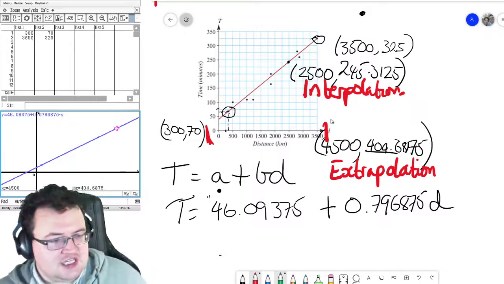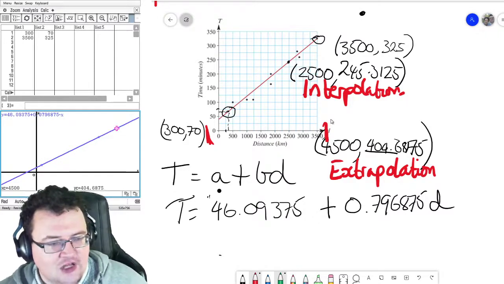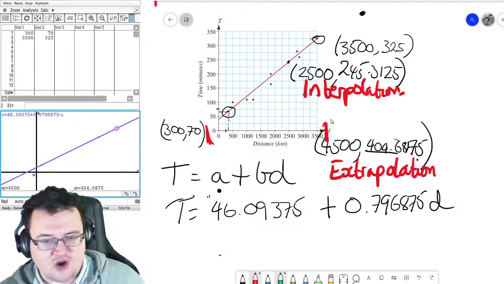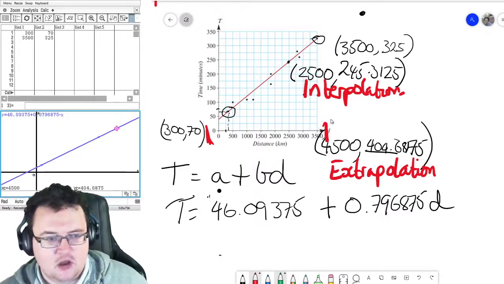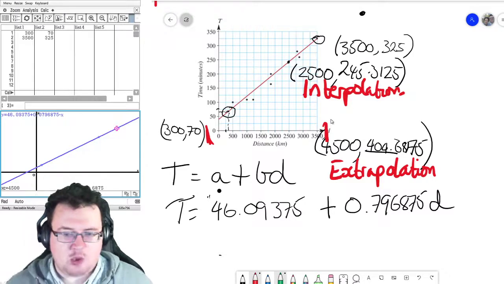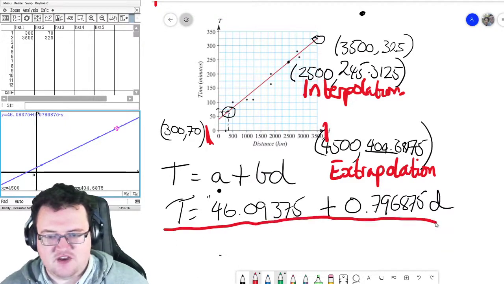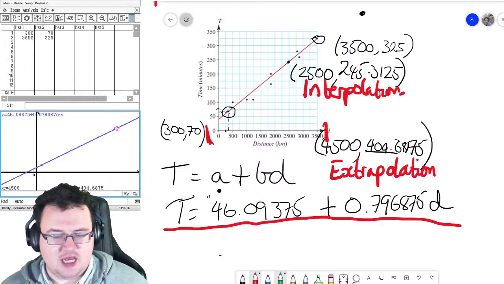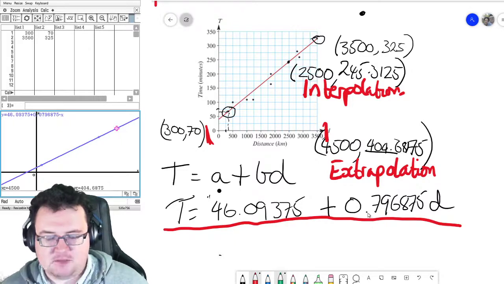Complete the following sentence by filling in the box. When the distance traveled is increased by 100 kilometers, the traveling time increases by blank minutes. All right, so this is where we need to go back to our original equation that we created using the line of best fit, which is this one down the bottom here. For every 1 kilometer, it increases by 0.7968 minutes.